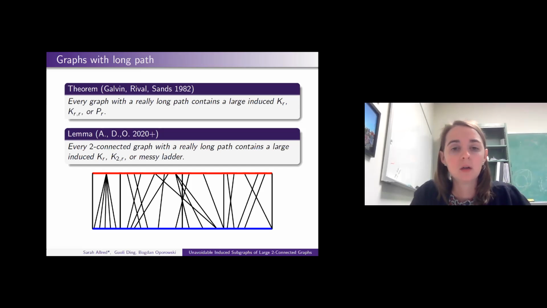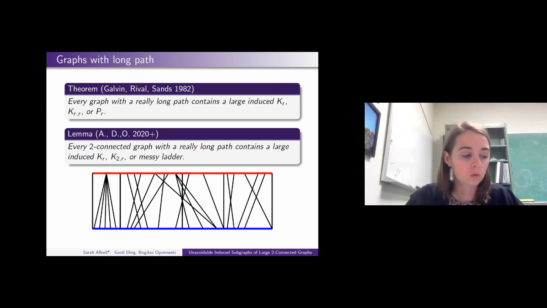Every other rung can go anywhere, provided it goes from the top red rail to the bottom blue rail. So there's no real control we can have at this point for the messy ladder, other than it goes from the top to the bottom, and it looks really messy. So that's why we called it a messy ladder.